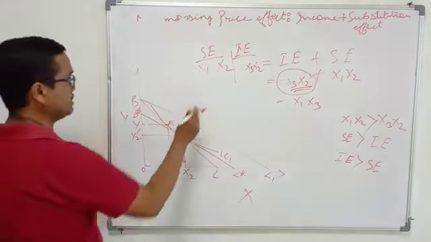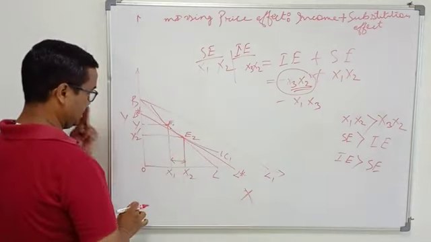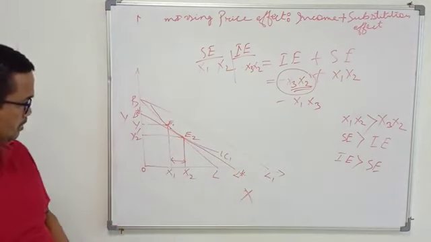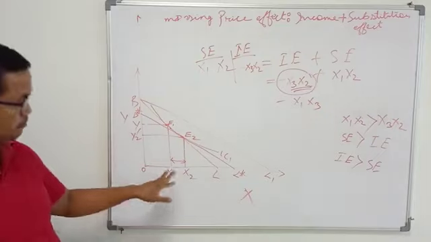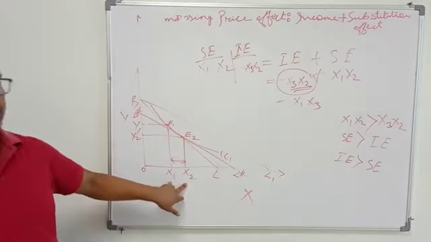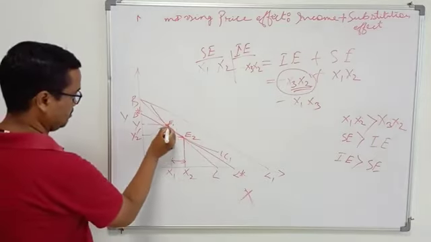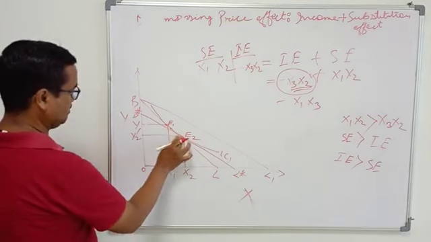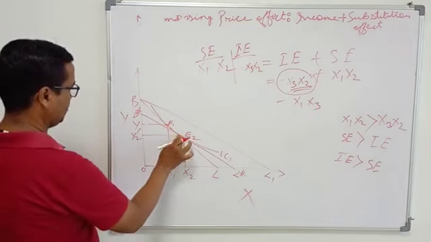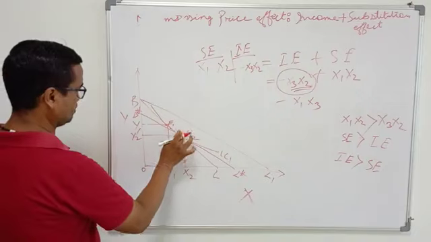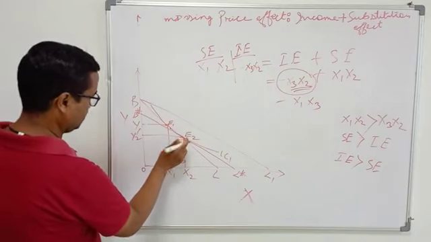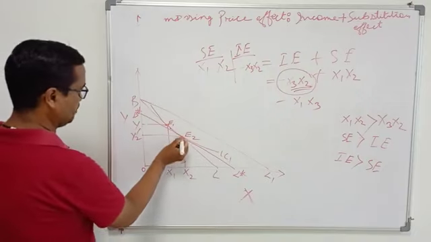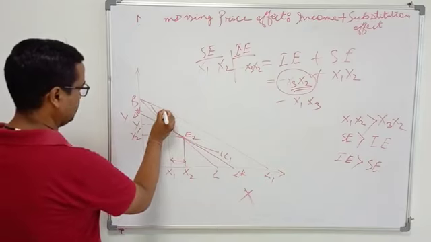Here the substitution effect is X1, X2, and we have to show the negative income effect more than this X1, X2. So once we return the money taken away from the consumer, his equilibrium will shift from point E2 to somewhere here.